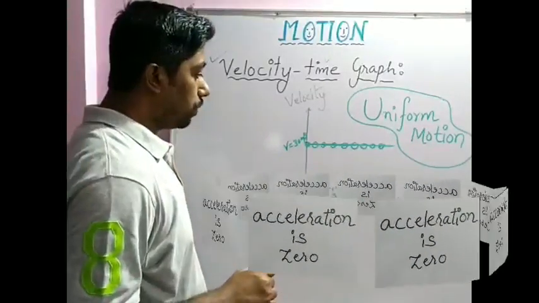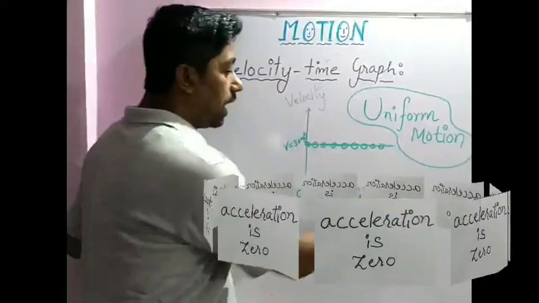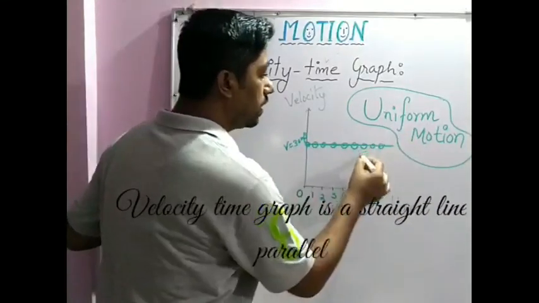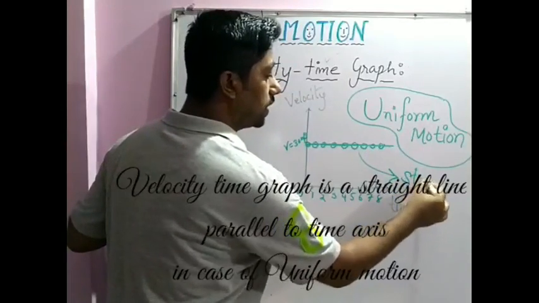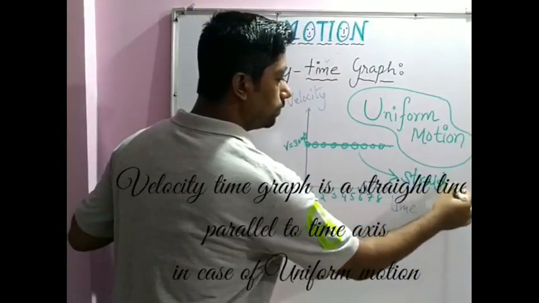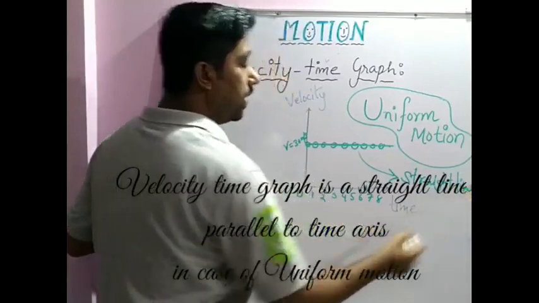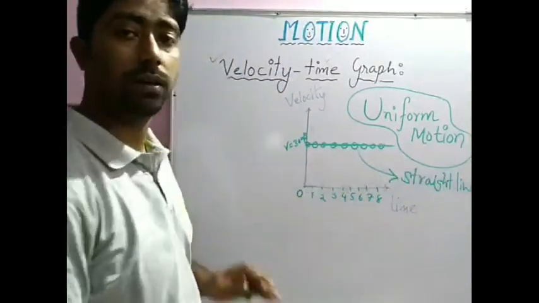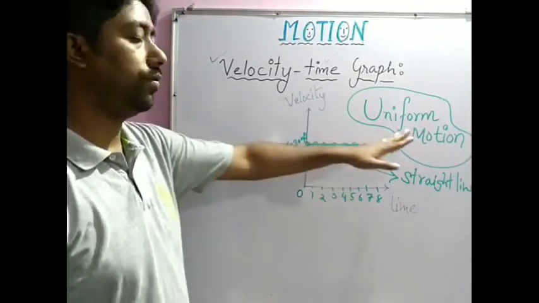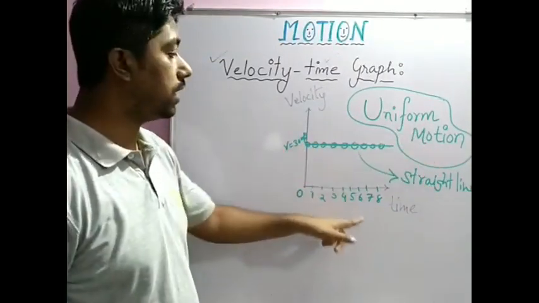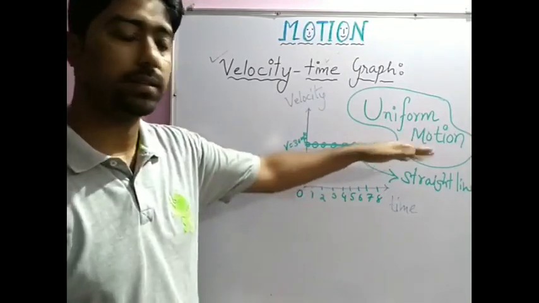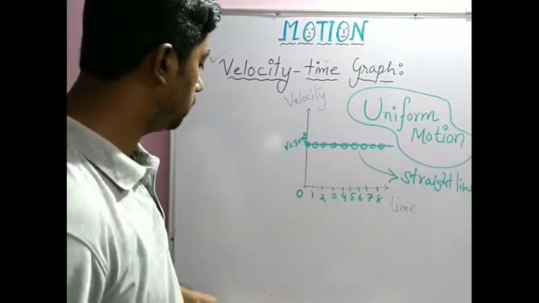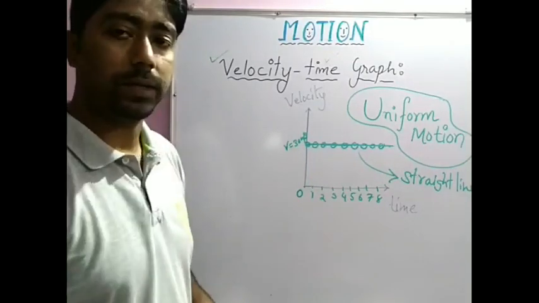Under that situation, the velocity-time graph is a straight line. And it is parallel to which axis? Time axis. So in case of uniform motion, the velocity-time graph is a straight line parallel to the time axis. You will take this down in your copy.